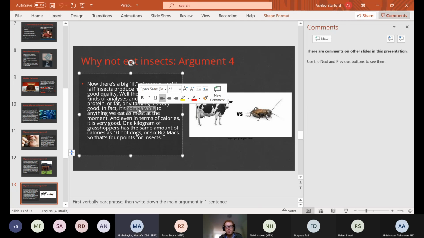Yes, but the word is comparable. Comparable. But yes, the calorie detail that you're describing is supportive of the favorable comparison, the good comparison. So that's sort of like extra information.